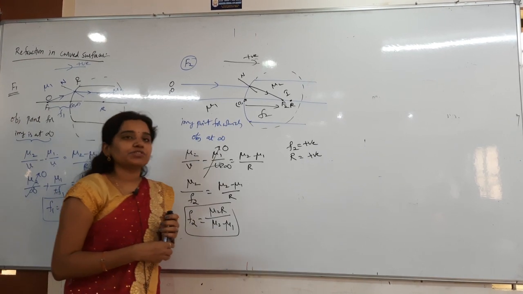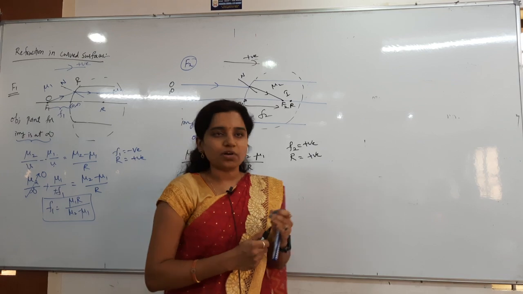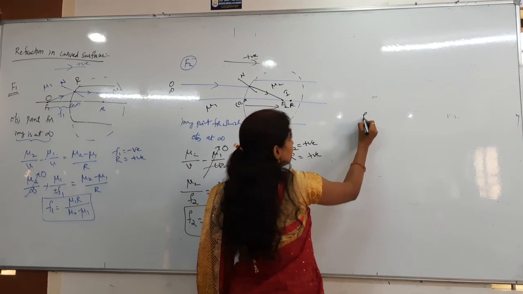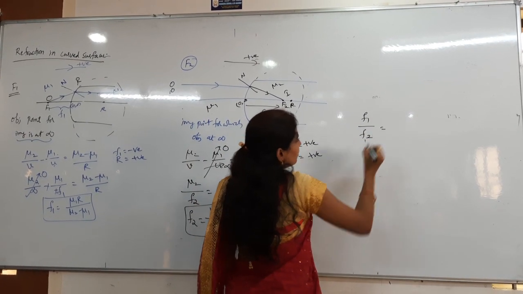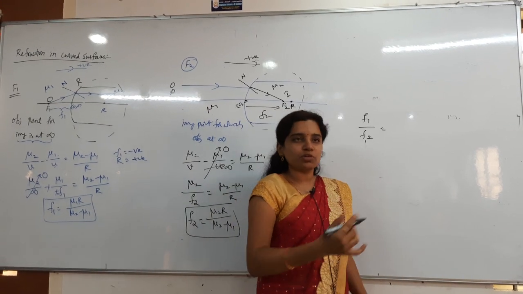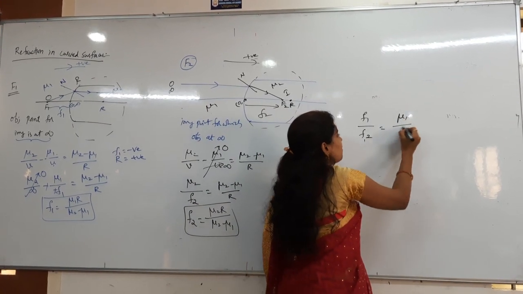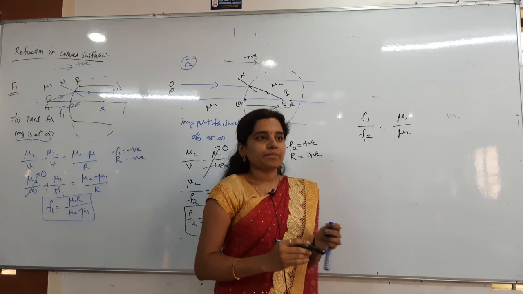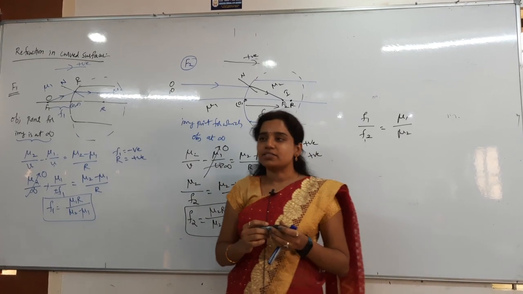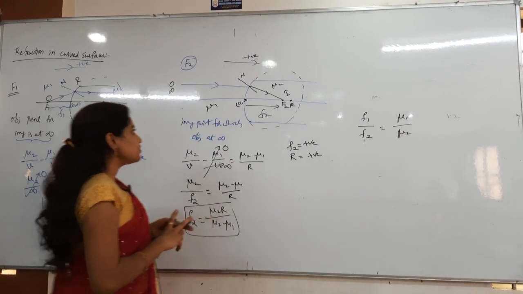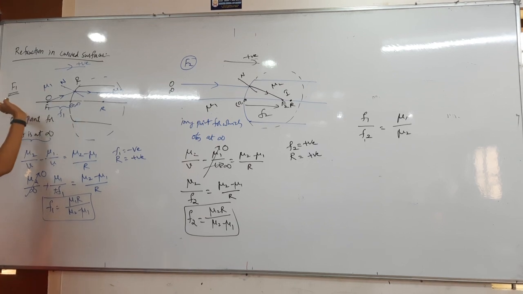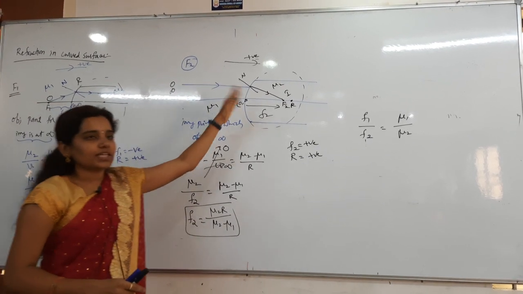Now I want the ratio of the focal lengths. The ratio F1 by F2 is equals to what can I write? F1 by F2 is equals to simply mu1 by mu2, but plus or minus? Minus. Why? Because the first focus is in which direction? Left side direction. The second focus is on the right side.